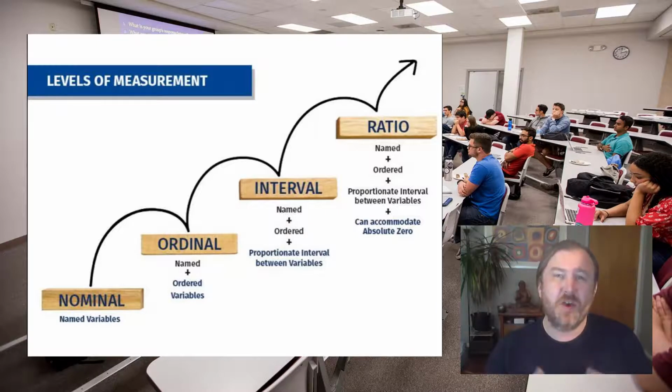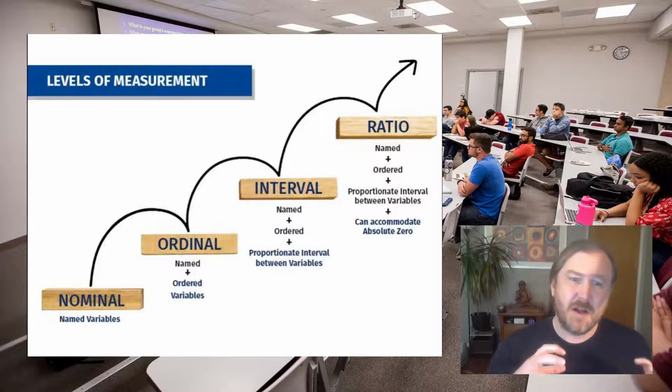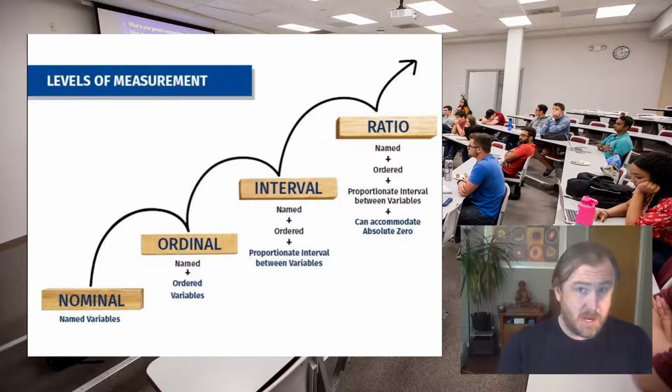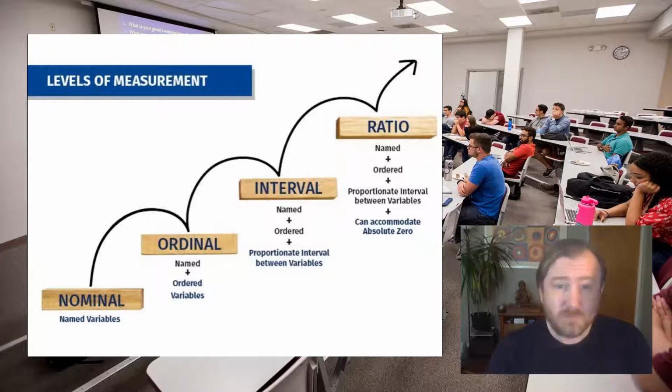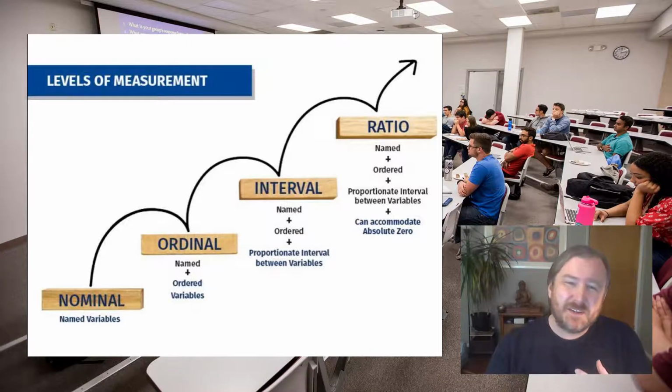So we'll start with a nominal variable. A nominal variable is just a name with a value assigned to it. So I might say blue eyes are 1, green eyes are 2, right? And so nominal variables are inherently qualitative, but they basically just indicate belonging to a certain group or category.